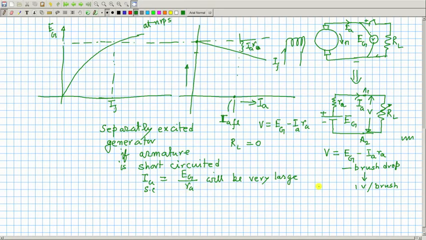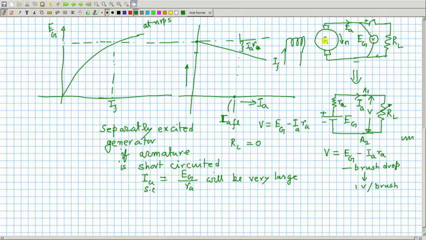If that short circuit current is allowed to continue, and you have not connected any fuse wire for protecting this, it may burn the armature winding even. Therefore, short circuiting the separately excited DC generator armature should be avoided.